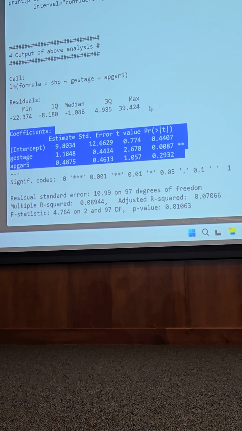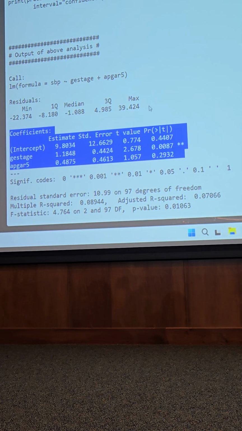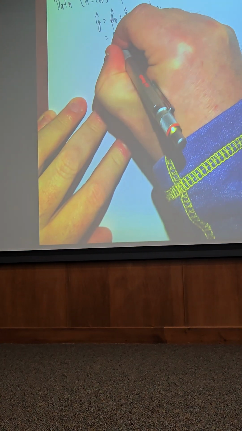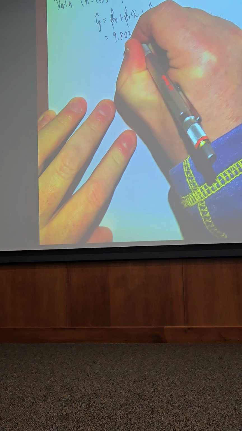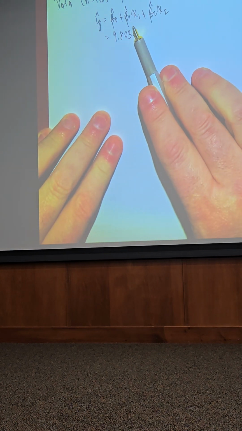Okay, so let's plug in. Beta 0 hat is 9.803, plus beta 1 hat times x1.